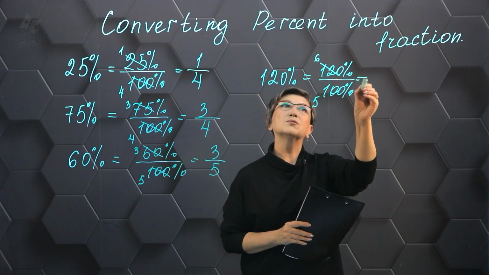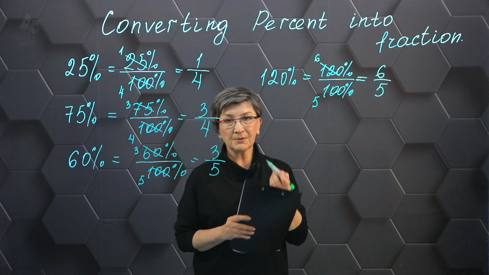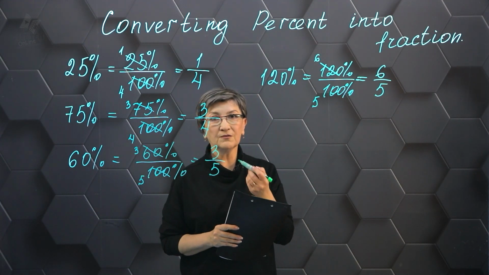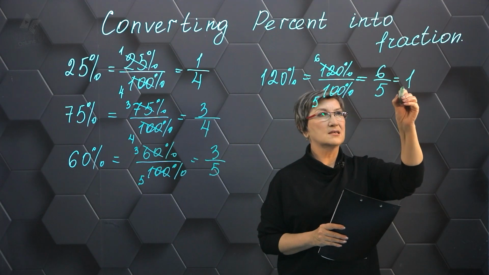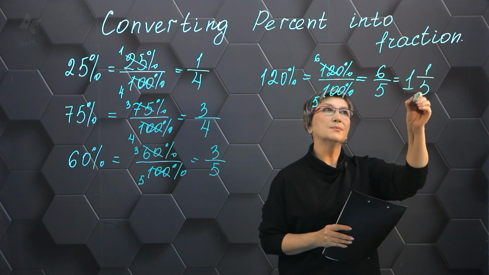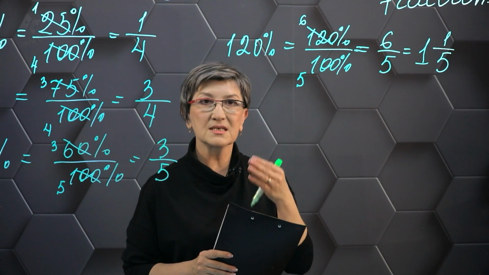The result is a fraction of 6/5. But a 6/5 fraction is an improper fraction, so we need to isolate the whole part. 6/5 is 1 whole and 1/5. So we can translate percentages that are greater than 100.